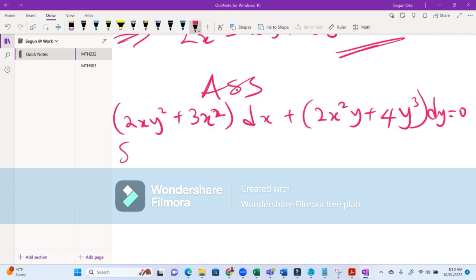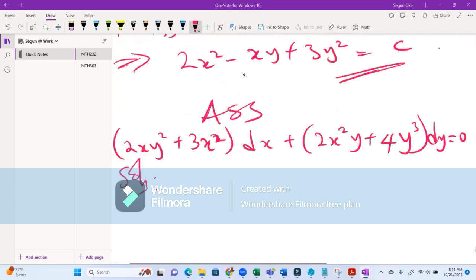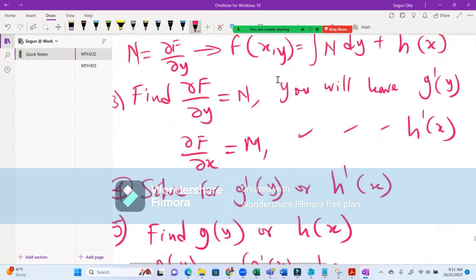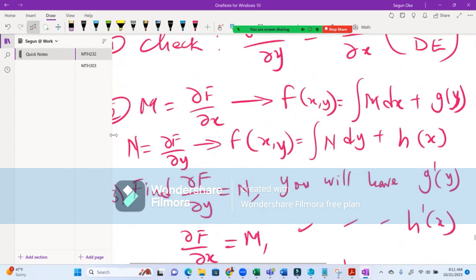Let's look at this solution. Let's check our steps. What are the steps we need to follow when it comes to this type of question?